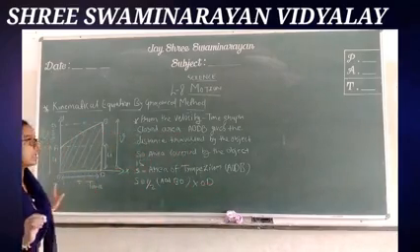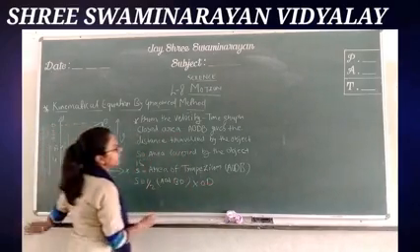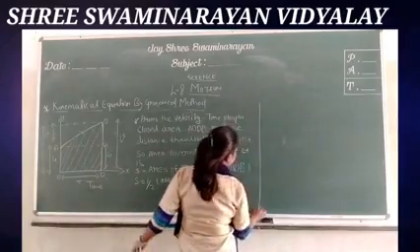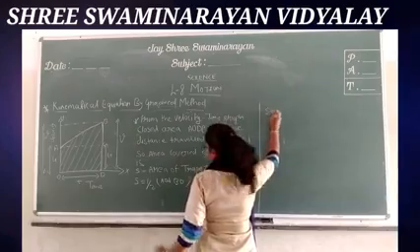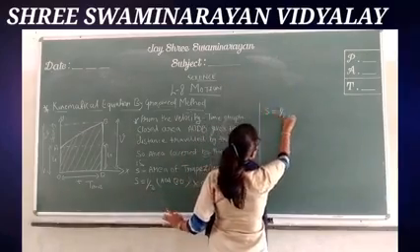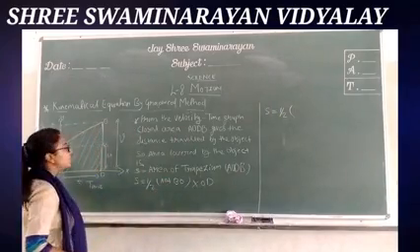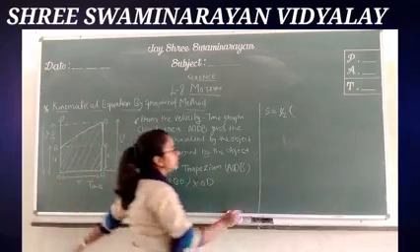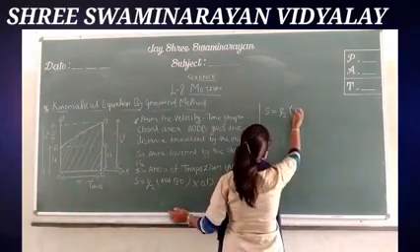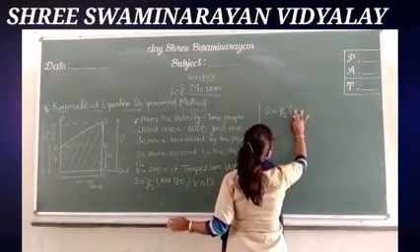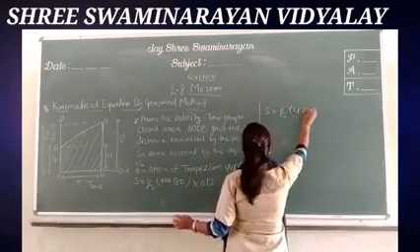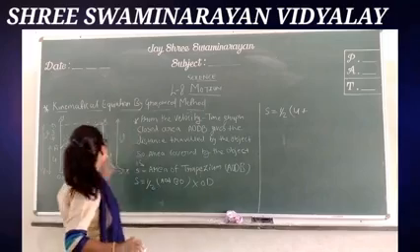Now if we put the value from the graph, we'll get the equation, that is S is equal to half AO, that is u, that is initial velocity. So instead of writing AO, we can write u, then plus BD.